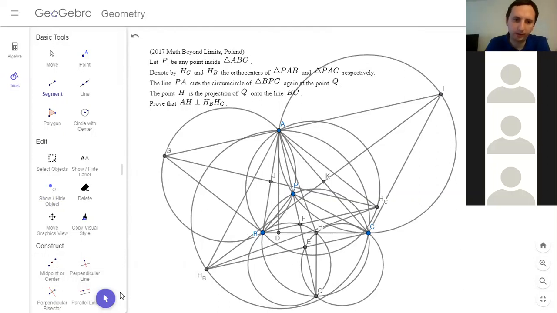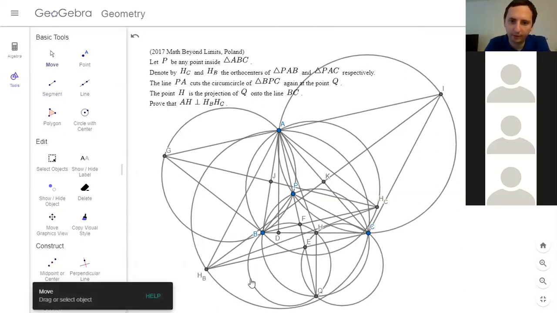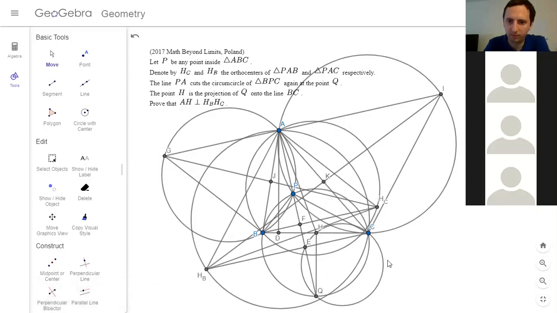And let me delete, I don't know if I need these circles right here. So yeah, this is a right angle right here, GAP.